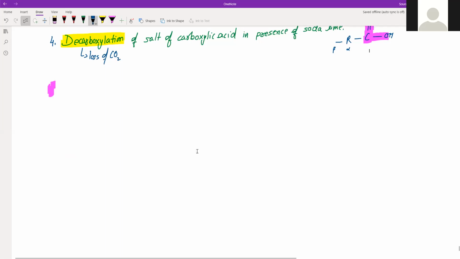Next is, suppose there is a compound like this, that is a doubly bonded carbon in conjugation with a strong electron withdrawing group.